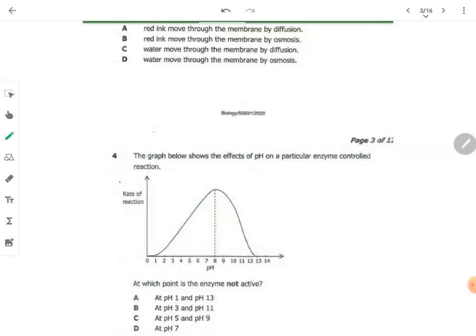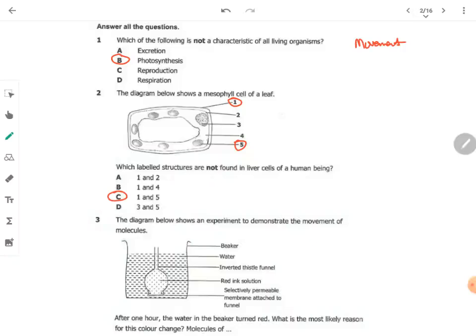Now, there's one thing that we need to understand here: we have water and red ink. This is a dye. A dye will always move by diffusion. Now, they are saying after 1 hour, the water in the beaker turned red.